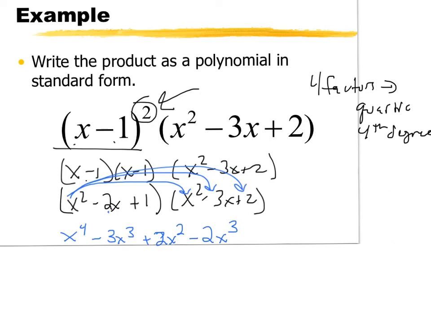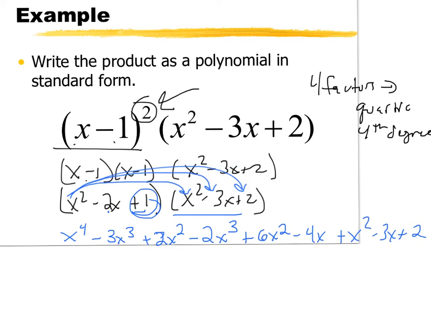Go back, we got negative 2x times a negative 3x. It's a positive 6x squared. And then we have a negative 2x times 2, negative 4x. And then this 1 is 1 times this whole thing. So that means I'm just going to add an x squared minus 3x plus 2.